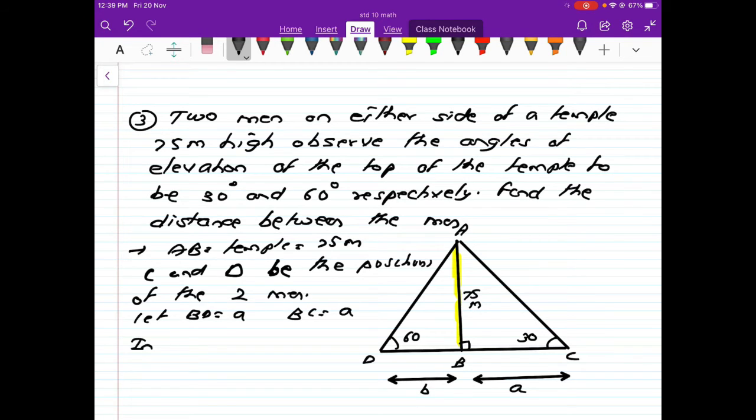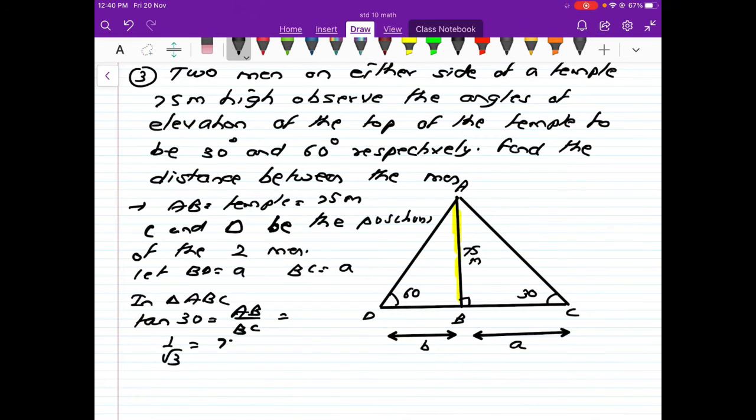So now we will take triangle ABC, which is a right angle triangle. We can have tan 30 is equal to AB upon BC, which is 1 upon root 3 is equal to 75 upon A. Therefore A is 75 root 3.